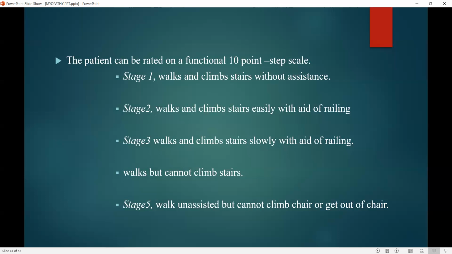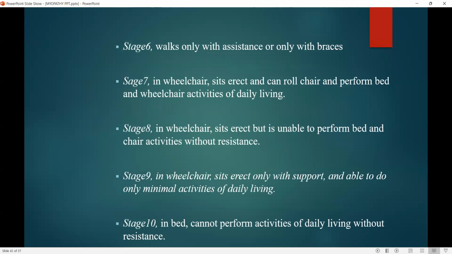Stage 4: walks but cannot climb stairs. Stage 5: walks unassisted but cannot climb stairs or get out of a chair. Stage 6: walks only with assistance or only with braces.